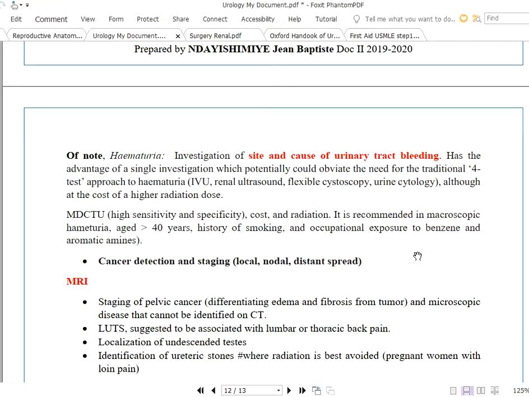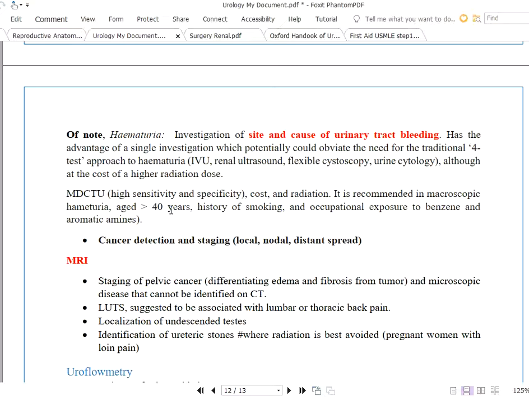So there is what is known as multi-detector CT urography, which has high sensitivity and specificity, but the problem comes with the cost and radiation. So it is recommended in macroscopic hematuria for patients with age above 40, history of smoking, or occupational exposure to benzene and aromatic amines.